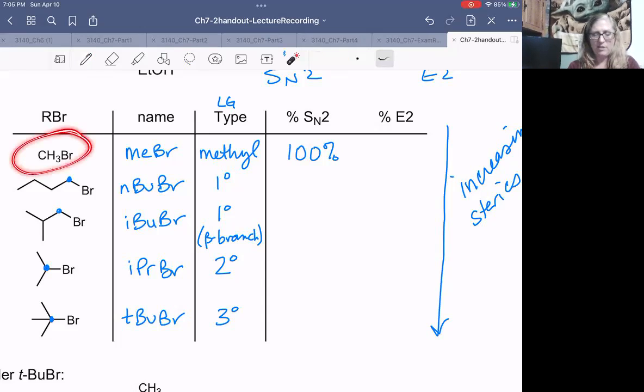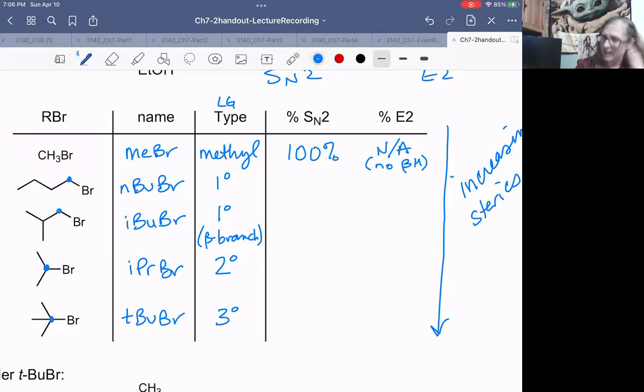If you try to attack that beta proton, you see, wait a minute, there is no beta carbon, so there can't be a beta proton. It's impossible to form a carbon-carbon double bond if you only have 1 carbon. So E2 is not even an option there.